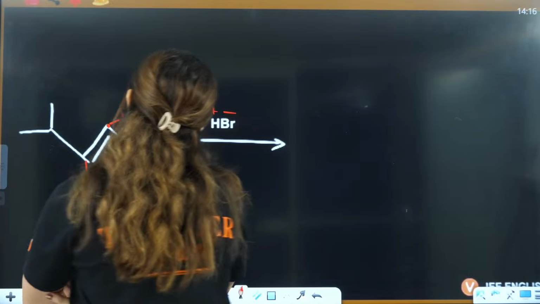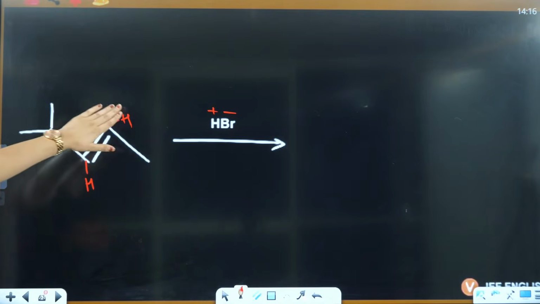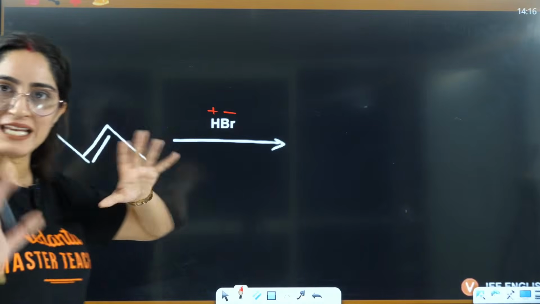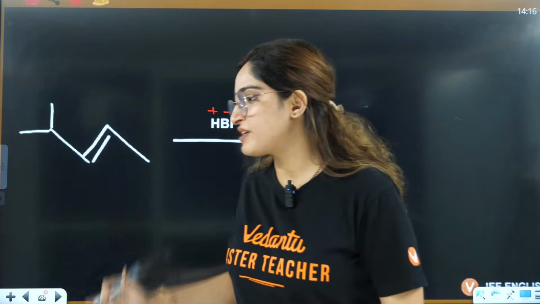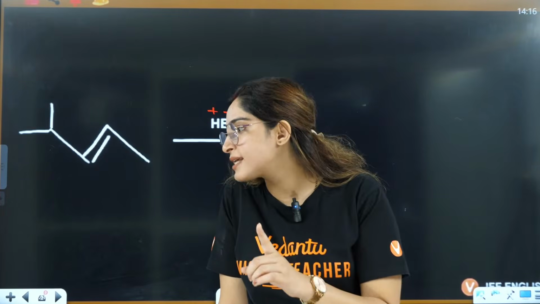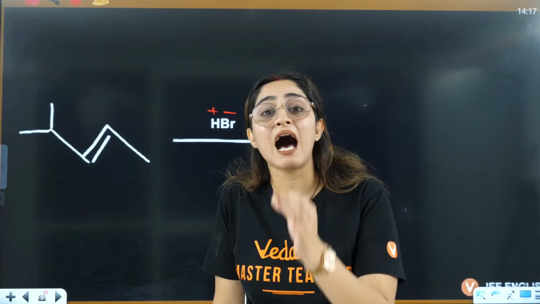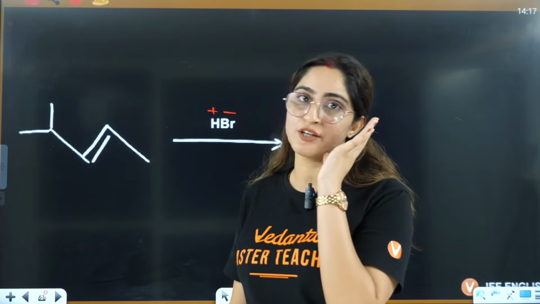Wait a minute. Here you have to see. Here directly, can you see? You are not able to find this directly because both have the same number of hydrogens. For these kind of questions, concept is needed. What is the concept? What is the basic idea of Markovnikov? Carbocation stabilization.